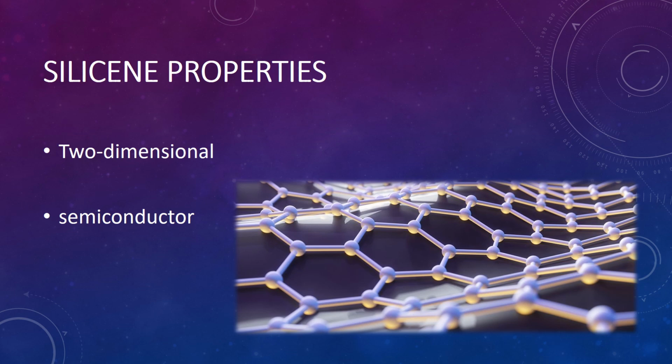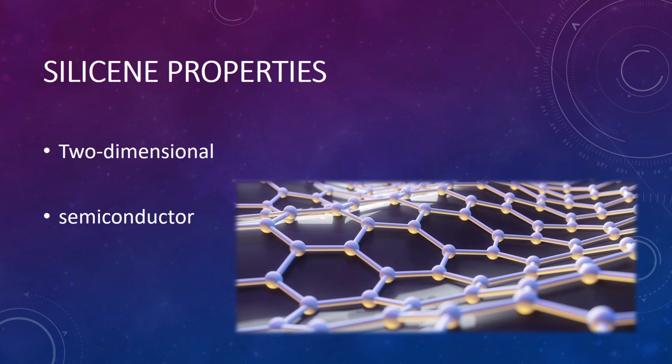So let's talk now a little bit about silicene's properties. Two-dimensional silicene is not completely planar like graphene. It consists of a hexagonal pattern of atoms, but in silicene the hexagonal rings include a pucker distortion due to a chair configuration.